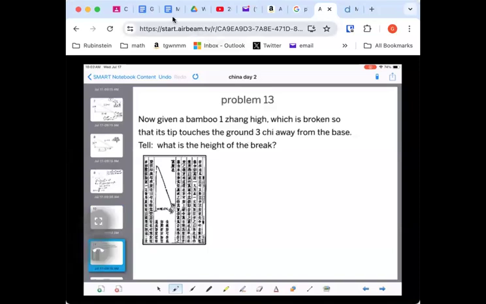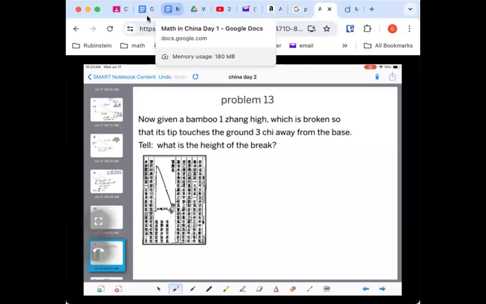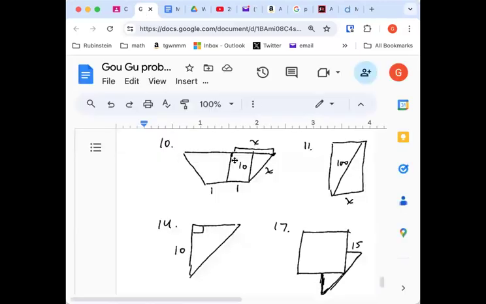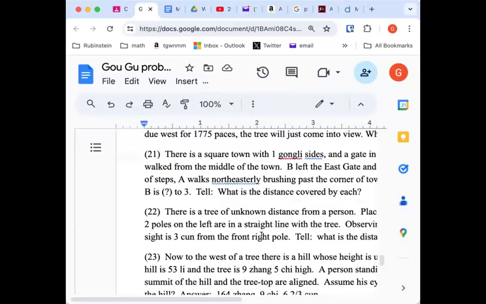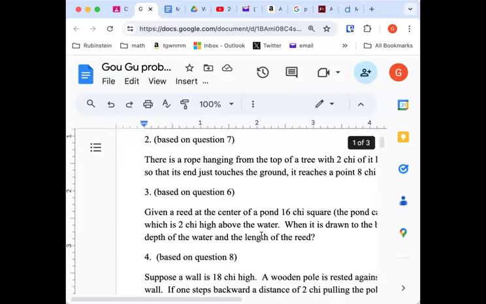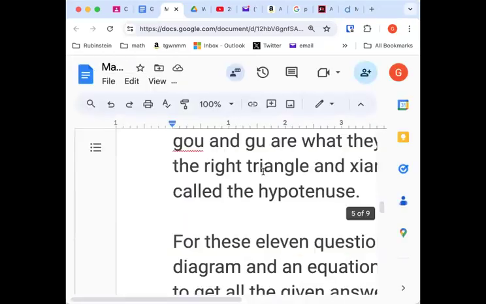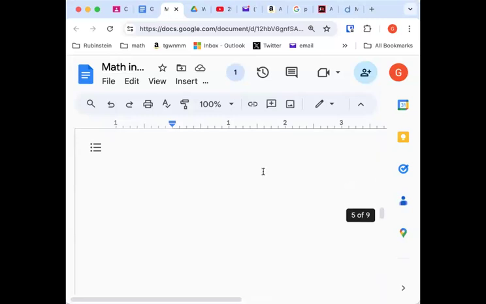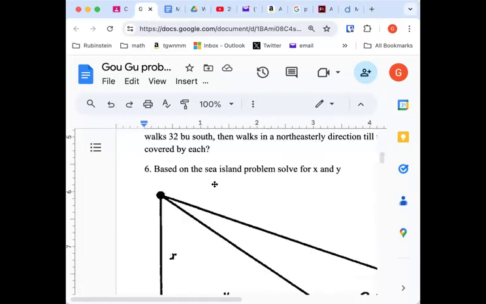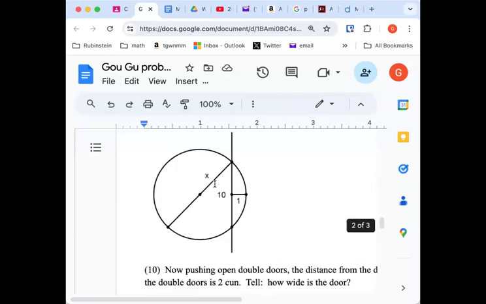Now, in the 9 chapters of the mathematical arts, chapter 9 is a collection of 24 questions that all utilize at some point a squared plus b squared equals c squared. So there are 24 questions.